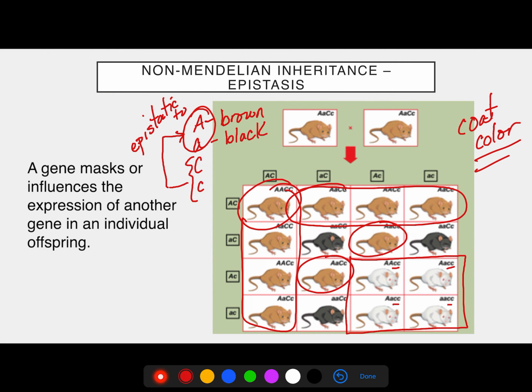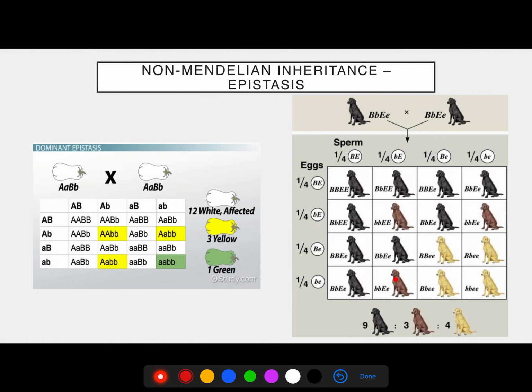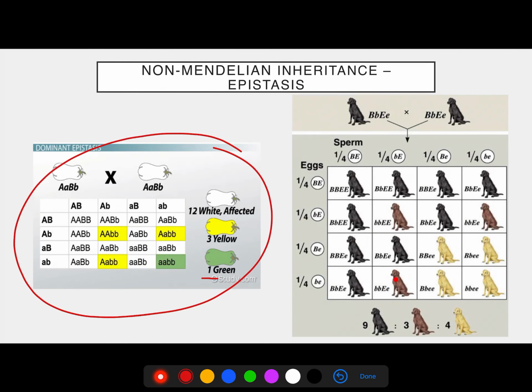This is the idea behind epistasis: one gene, or one set of genes, influences another one. There are multiple situations where that happens. Epistasis works in the colors of peppers, the green, yellow, and orange large bell peppers.